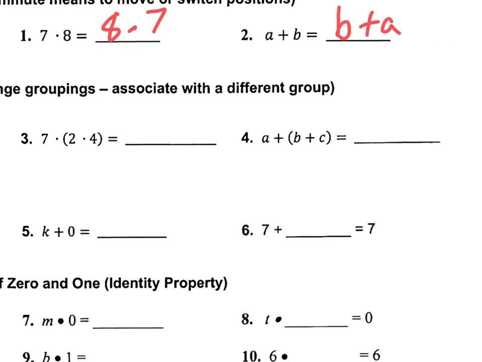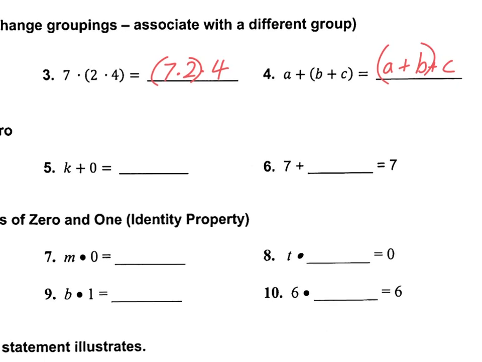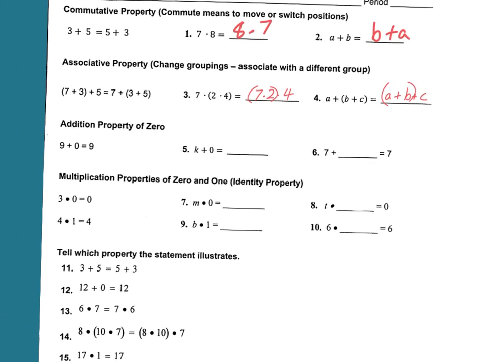I'm just going to write the numbers down: 7 times 2 times 4, and we want to change the parentheses to right there. On the addition, same thing. We're just going to go A plus B plus C. Since the parentheses were around the B and the C, we're going to change it to the A and the B. So basic stuff, just changing the grouping on that associative.